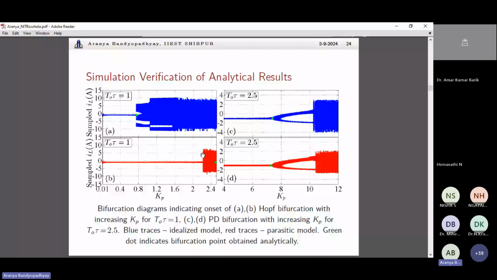Now, when there are two lines instead of a single line at a particular parameter, it indicates period doubling bifurcation, where basically the same state repeats after 2 clock cycles, right? If your system switching frequency is say 20 kilohertz, then at this stage this instability will manifest at 10 kilohertz.